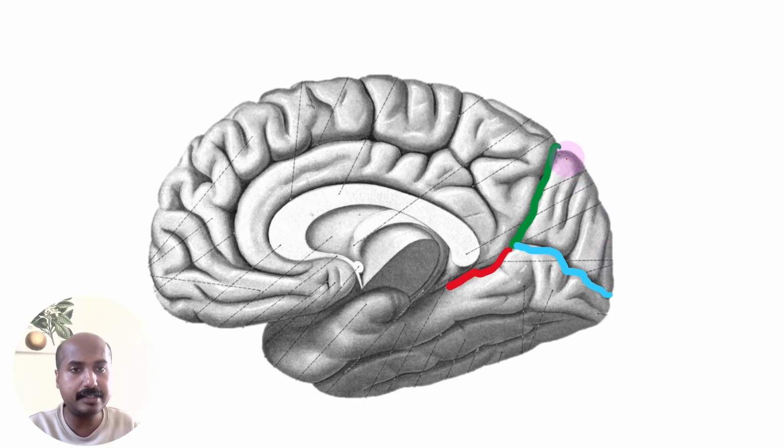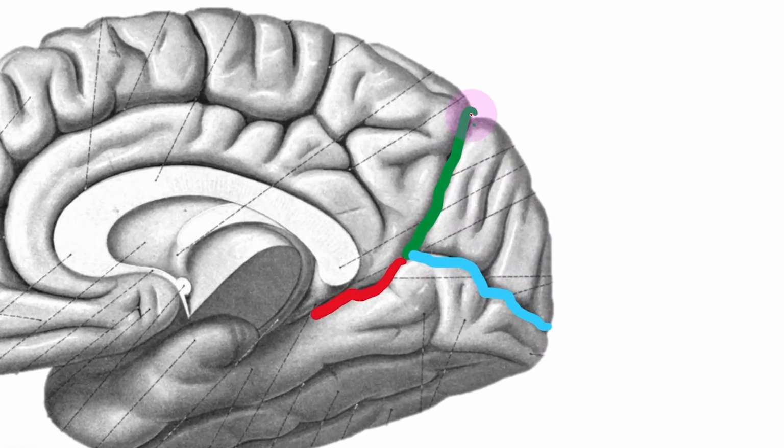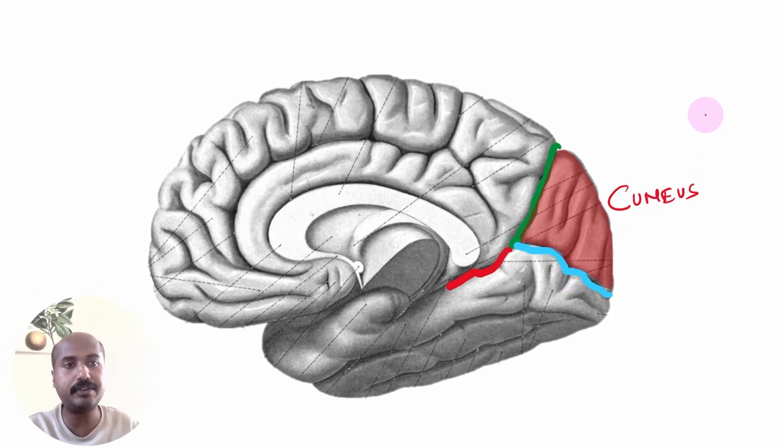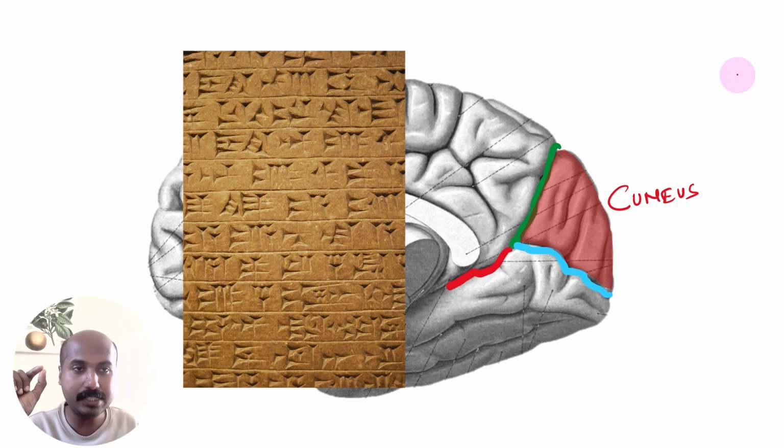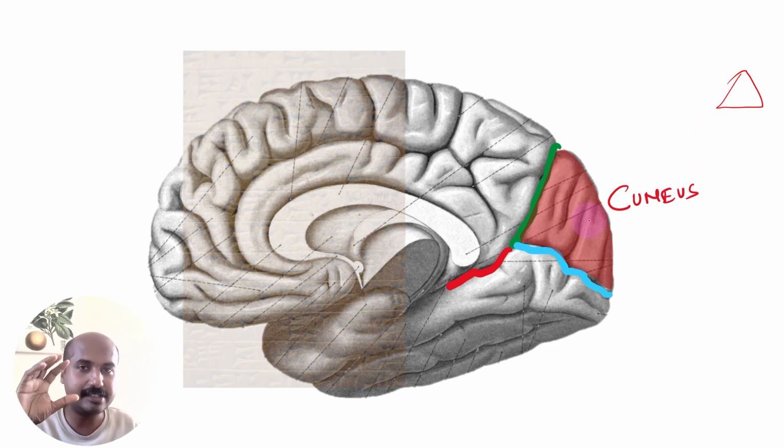You can see both these sulci, the Parieto-occipital sulcus and the Calcarine sulcus, are creating a wedge of gyrus, and that is known as the Cuneus. If you remember, there is a script known as cuneiform script, which is basically made of wedges. So just like that, Cuneus is a wedge.